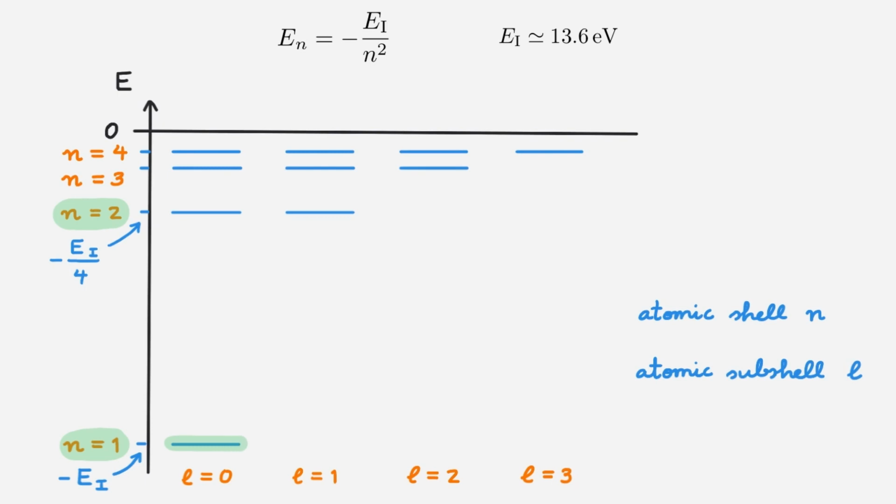The n equals 2 shell has 2 subshells. The first corresponds to L equals 0, and the second to L equals 1, and so on. And while we've introduced these concepts in the context of the hydrogen atom, this nomenclature is actually widely used for other atoms too. So you may have encountered it before if you've studied atomic physics or chemistry.